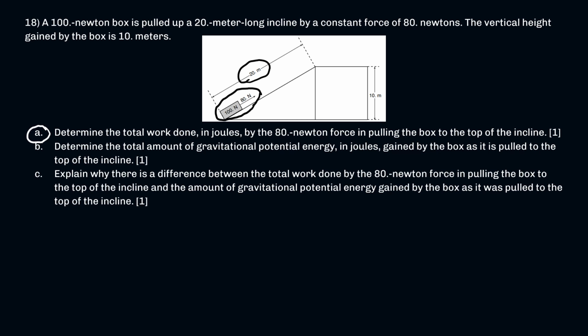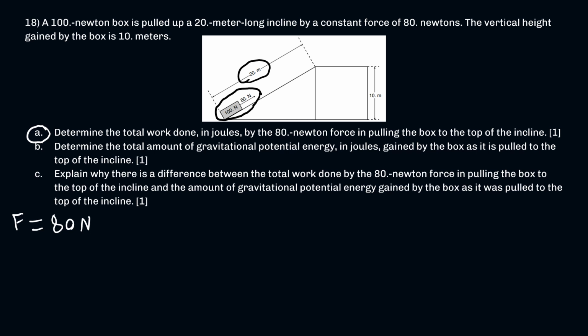So what am I given here in order to find that total work? The first thing I see here is I have the 80 Newton force. That is going to be my force. So that is F equals 80 newtons. With this question, you also see at the end you have 1 in the brackets. That just tells you this is a 1-point question.